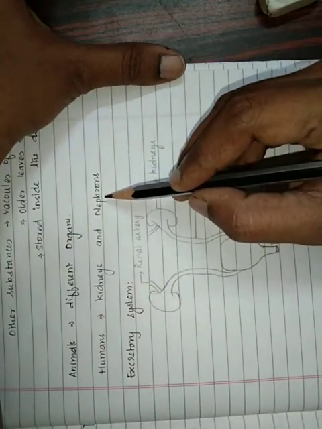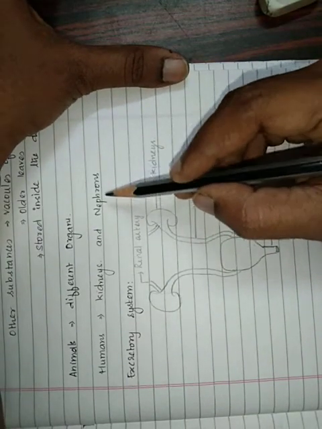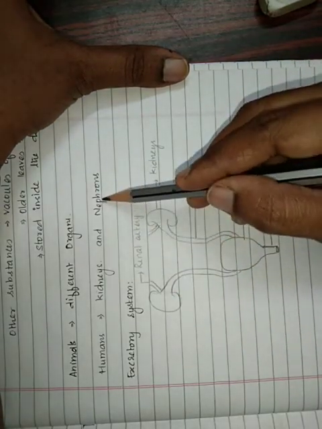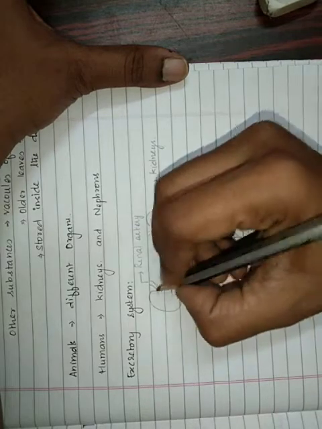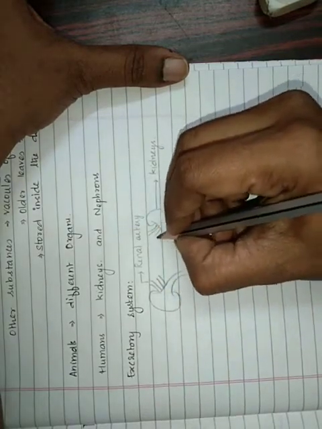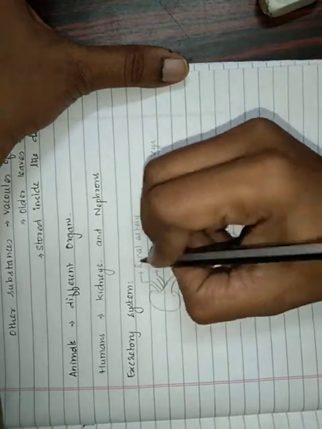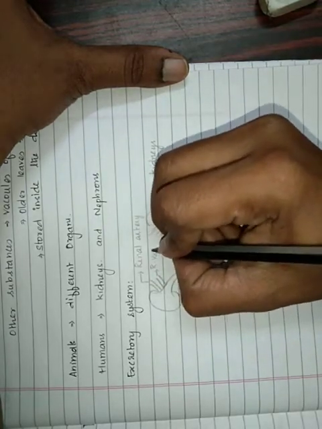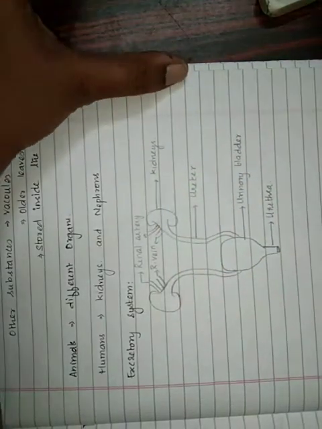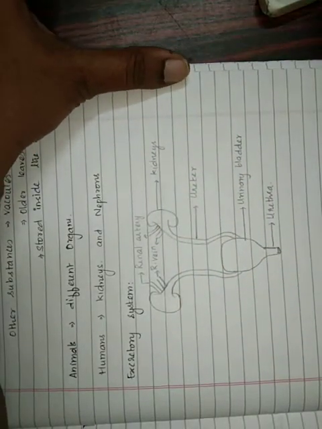Unwanted substances are filtered inside these nephrons. Urine is formed and that is to be excreted. And the blood, after purification, comes out of the kidney through the renal vein. So this is the renal vein that takes blood out of the kidney after purification.